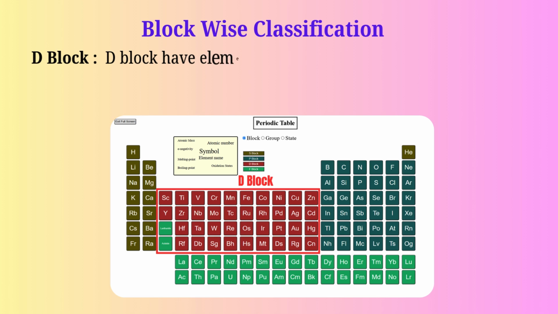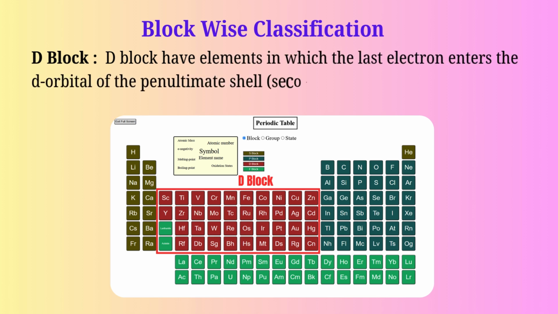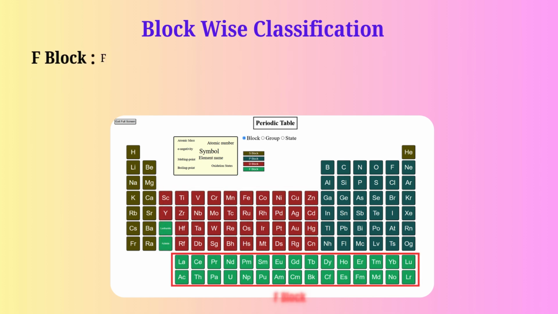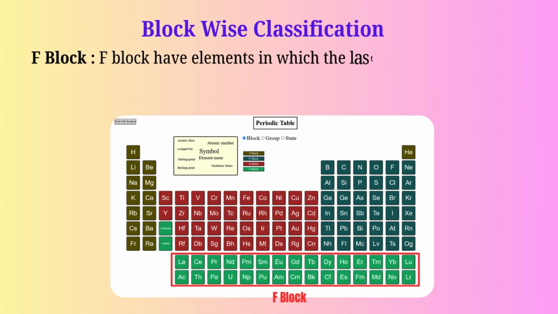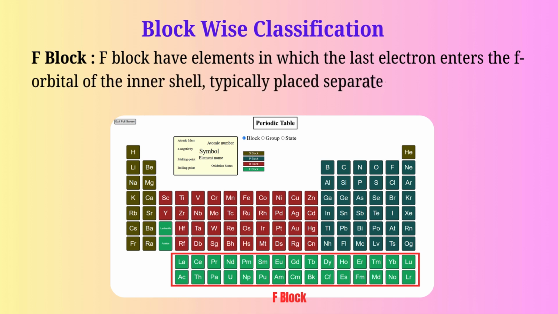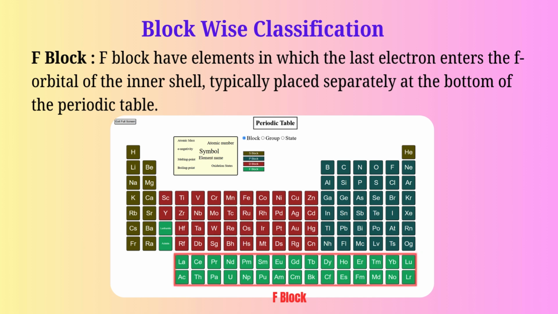D block. D block elements are those in which the last electron enters the d orbital of the penultimate shell, or second last shell. F block. F block elements are those in which the last electron enters the f orbital of the inner shell, typically placed separately at the bottom of the periodic table.